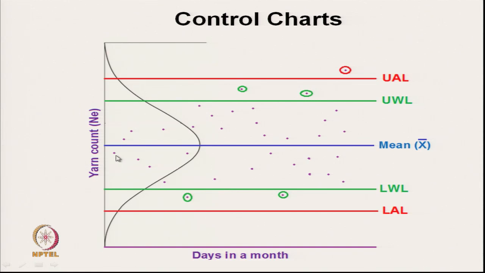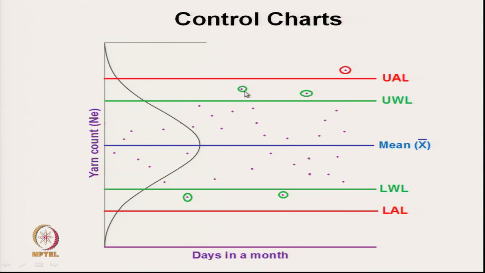So, day 1 this is the count, day 2, day 3, day 4, day 5, in that way different days we are counting, and at a certain date we found that the yarn count is a lower value, that means it is giving a coarser value, it is okay. Now, one can always try to analyze why it is coming coarser, and immediately action has been taken, it has again come back to normal position, and suddenly on a particular day, it has been observed that this is coming finer.